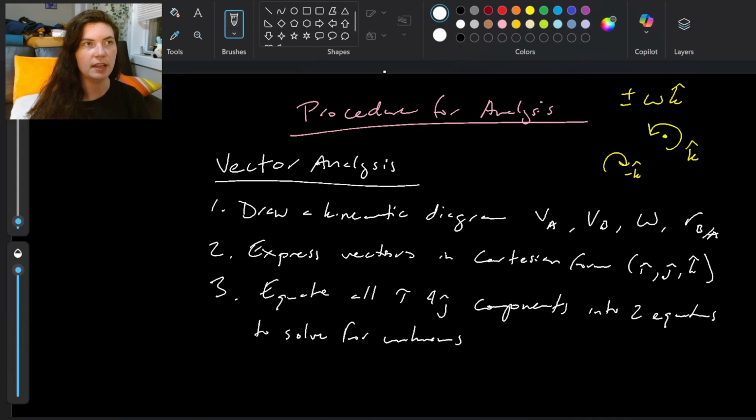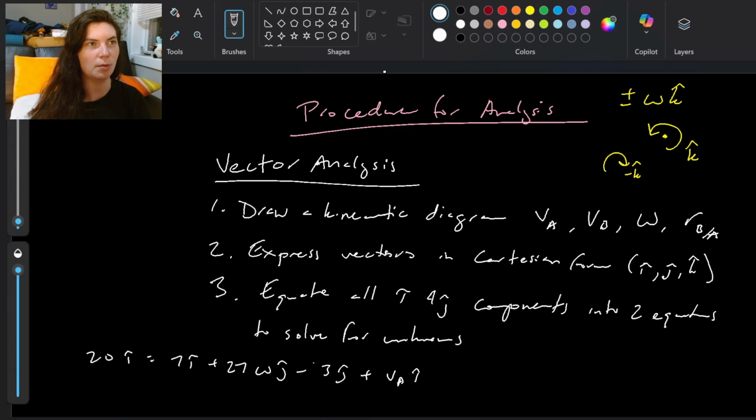Essentially, it's like if you have, just for example, 20 i hat equals 7 i hat plus 27 omega j hat minus 3 j hat plus VA i hat.